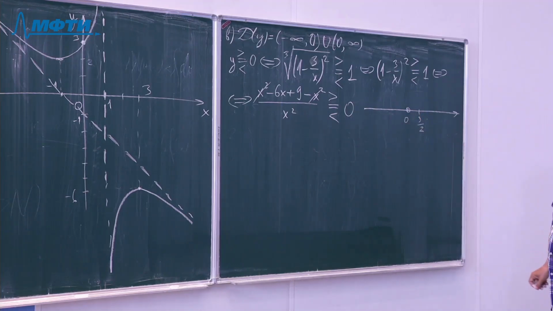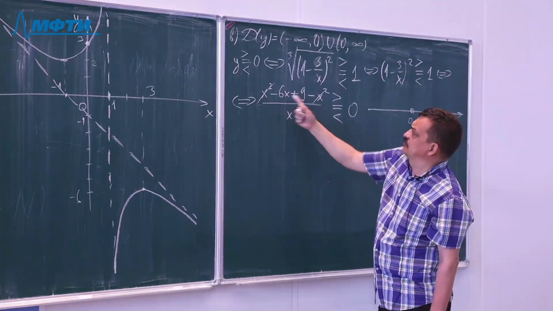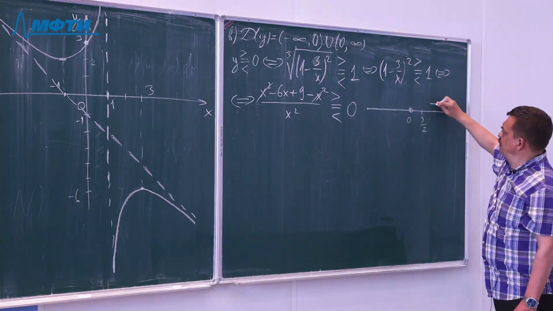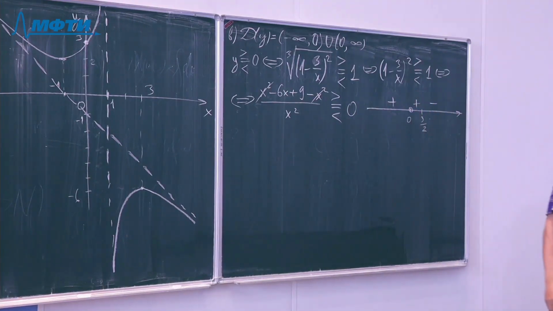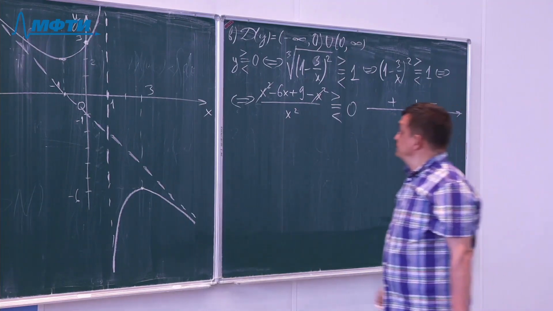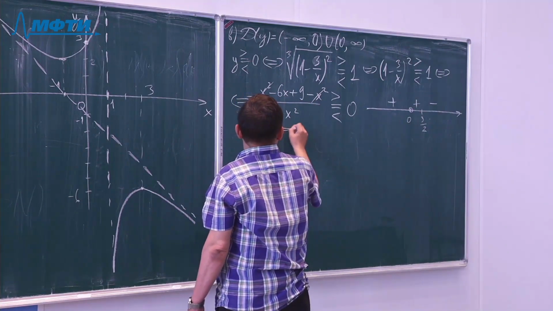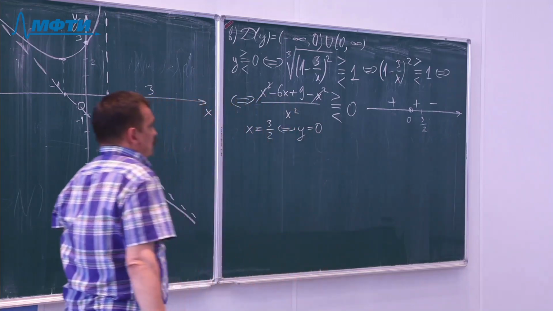So what are the signs? If x is very large, then the numerator is negative, so here it is minus, then plus, and plus. It doesn't change at 0, right? So we have only one intersection point with the y-axis, only one.